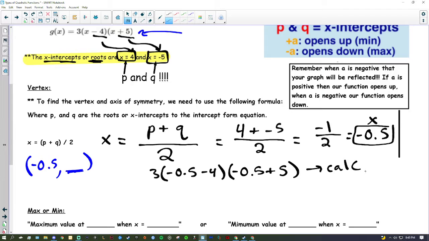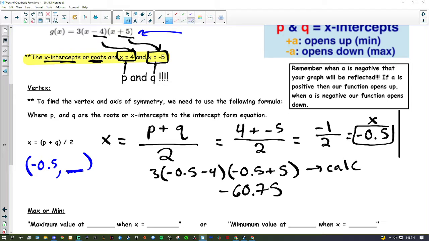Click enter. Ew, that's pretty gross, isn't it? After plugging all of that in, you get negative 60.75. I'm going to double check, because that looks kind of big. Negative 0.5 minus 4 times negative 0.5 plus 5. Yep, negative 60.75.